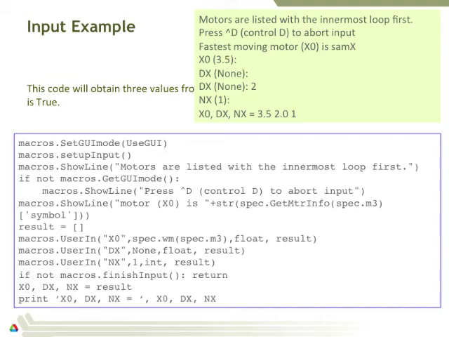They get a prompt with a default value, and if they just hit return, it uses the default value. In the case of the DX, which is the second input, you'll notice that it says none as the default, and you can't progress beyond that until you actually type something in. And then at the end, it puts all the numbers you've asked for into this list result down here, and you can get them out, or you could print them out, and so on. So that works that way.